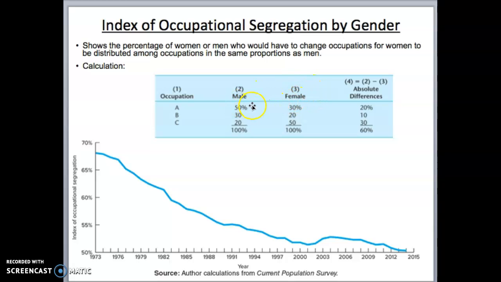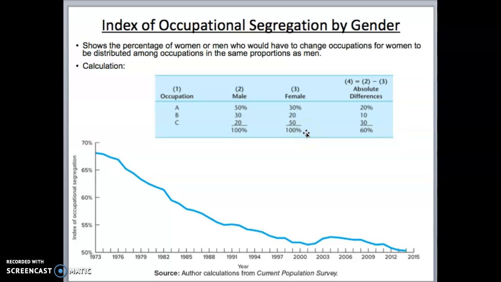So for example, we have 50% of men in occupation A, 30% of men in occupation B, and 20% of men in occupation C. Alternatively, we have 30% of women in occupation A, 20% of women in occupation B, and 50% of women in occupation C. Notice that the sum of these is 100. And that makes sense because you're looking at where these men are in terms of occupations and where these women are in terms of occupation. The total must be 100.